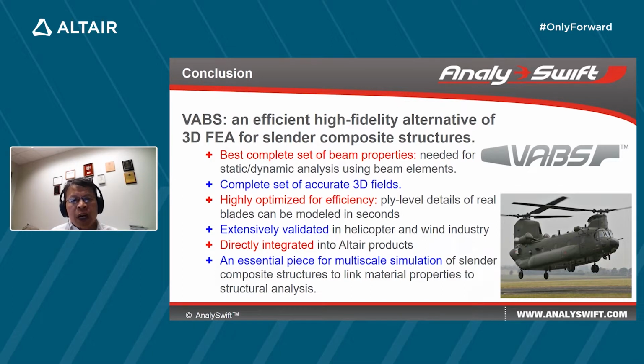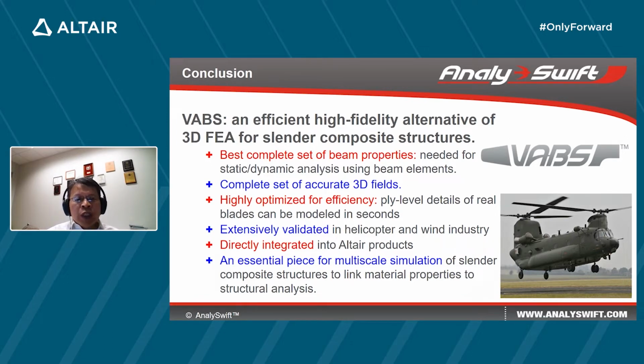We can capture the ply-level details of a real structure, and a composite beam can be modeled in seconds. It is also extensively validated, not only in the helicopter and wind industry, with more and more users joining the user groups of WEBS.